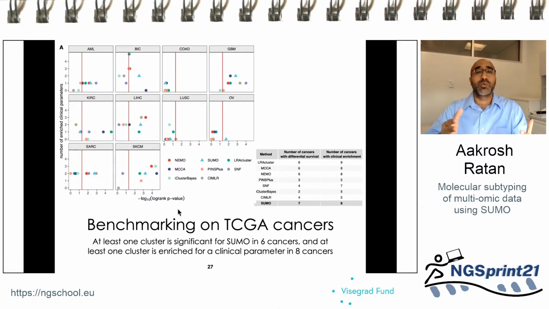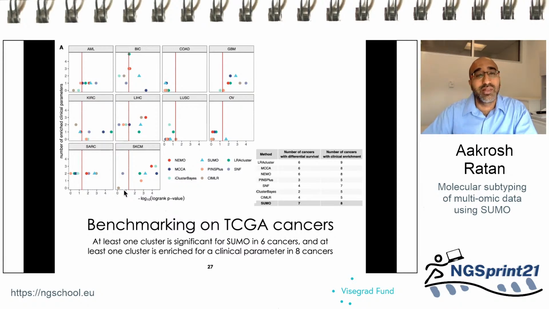The measure that we want to accomplish here is, can you identify at least one cluster or group of patients that shows a differential prognosis, or that is very different from everybody else, right? On the x-axis, what you see here is the negative log of the p-value from the log rank test.